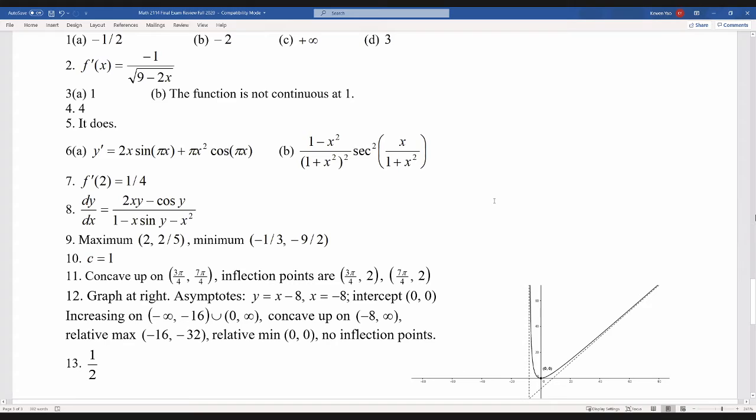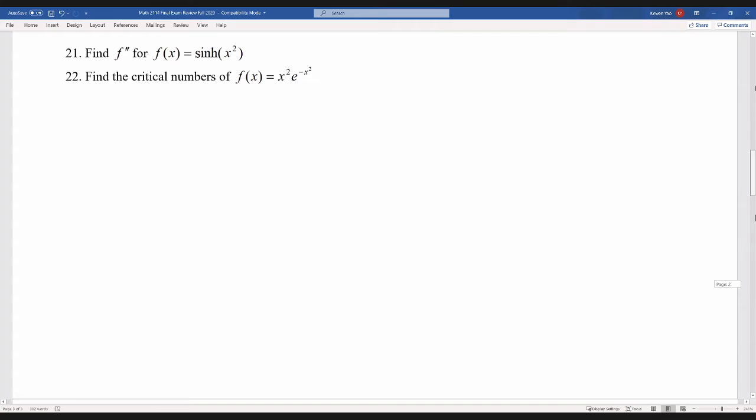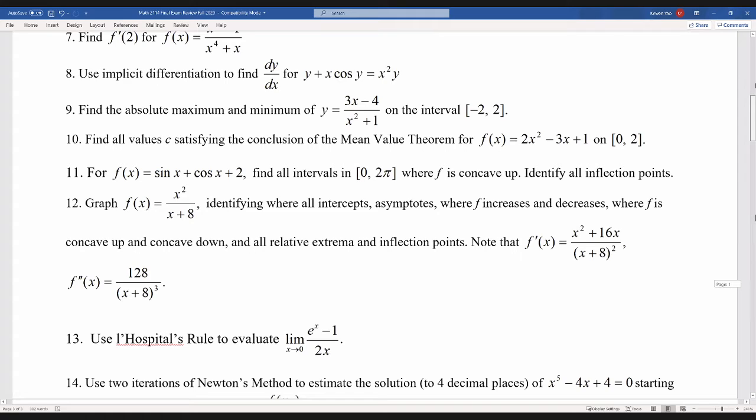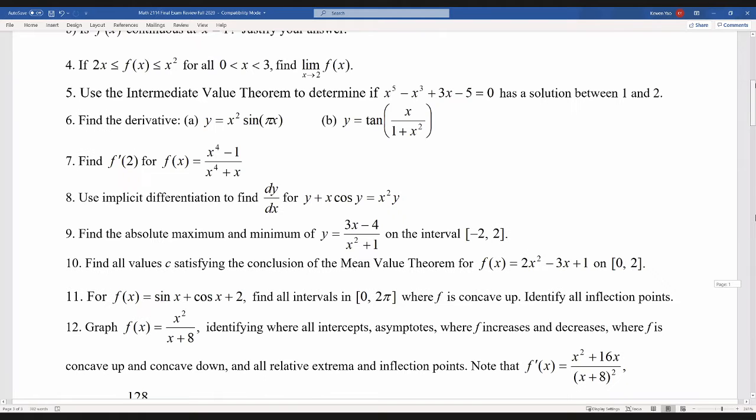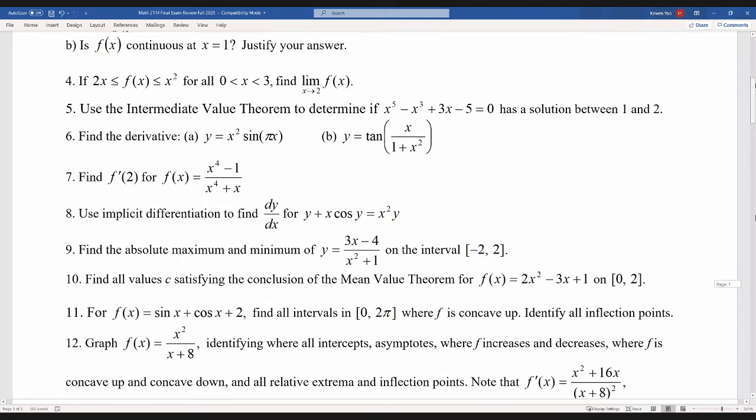Okay, let's look at number 5. Okay, we have done number 4, right? So as x goes to 2, the limit of f(x) is equal to 4. Let's do number 5.